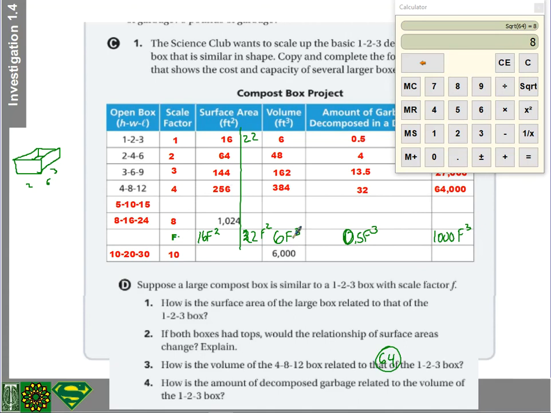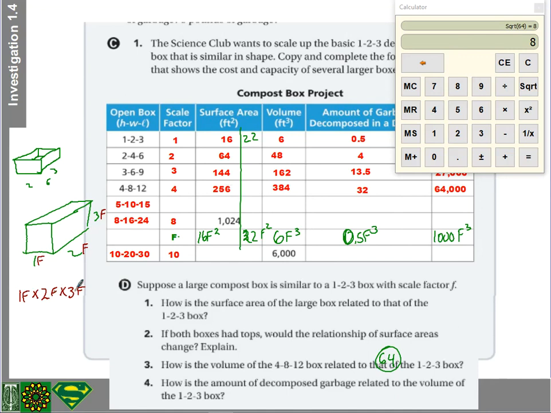And the reason why this makes sense is, let's say we have a box. Let's call it a 1, 2, 3 box. When I apply a scale factor, let's call it f, we're going to have to multiply the side lengths by that value of f. So we'd have 1 times f, which is 1f, 2 times f, which is 2f, and 3 times f, which is 3f. So then we'd have 1f times 2f times 3f.